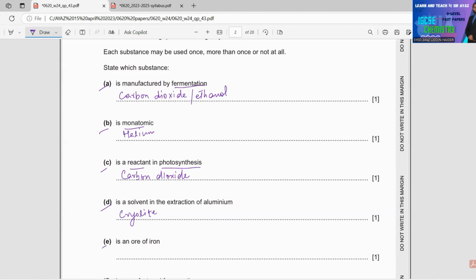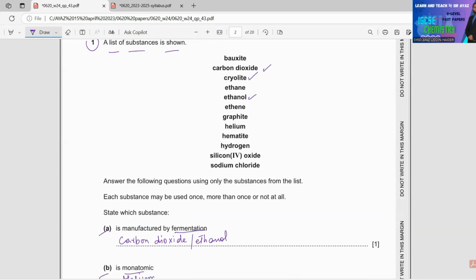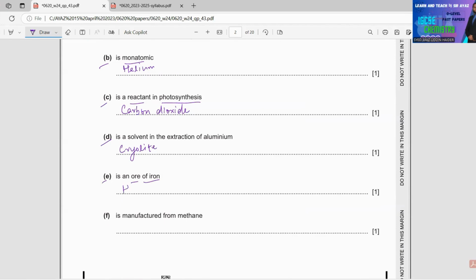E is an ore of iron. This is something which you have to learn. If you look at the list, this hematite, this is the ore of iron. So I'm going to write hematite. F is manufactured from methane.